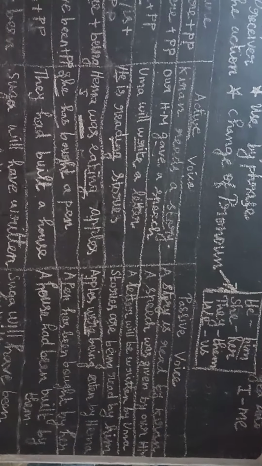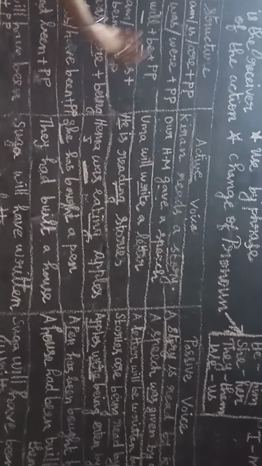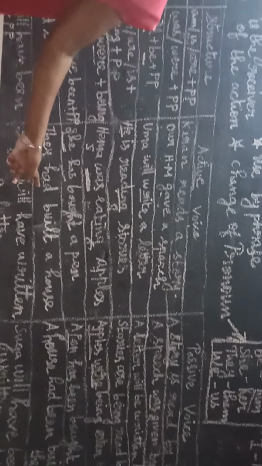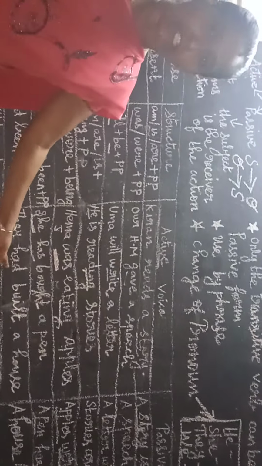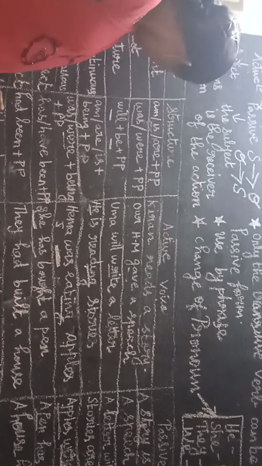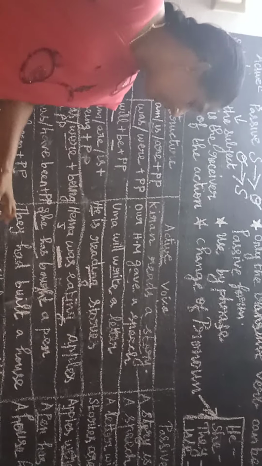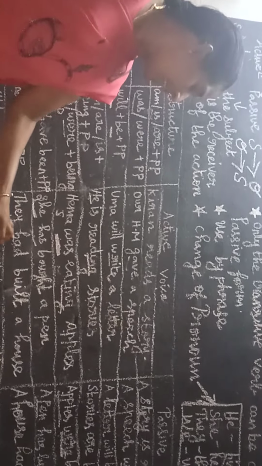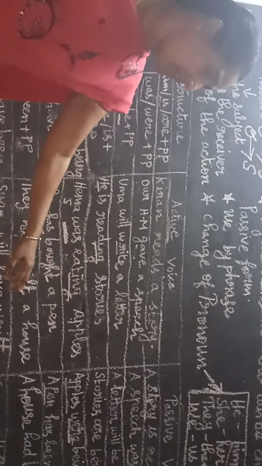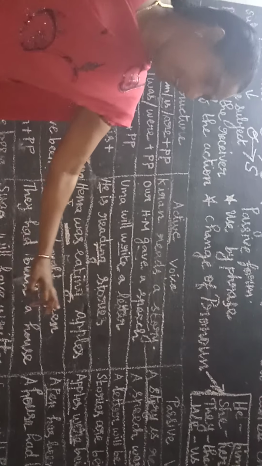See, in passive voice, if it is plural or singular, we have to use only had. There is no change in the tense form. In past perfect tense, also we are using had in active voice. In that same way, in passive voice also we have to use had been.